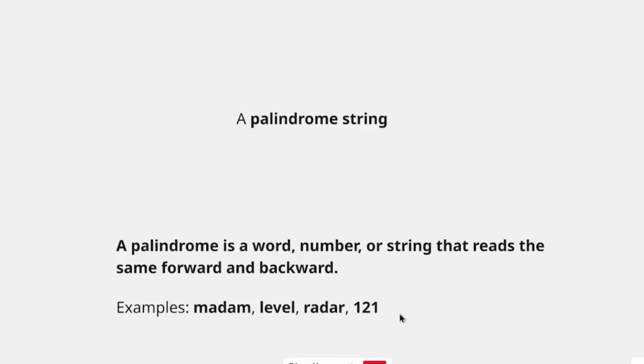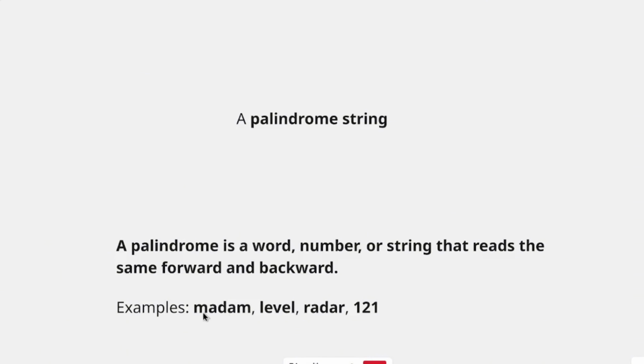If we reverse this, then it is a palindrome, otherwise it is not a palindrome. And we saw strings, and there may be a sentence also. A sentence may also be a palindrome, right? Some examples of palindrome strings are madam, level, radar, and 1 2 1. If you reverse these strings, they remain exactly the same.